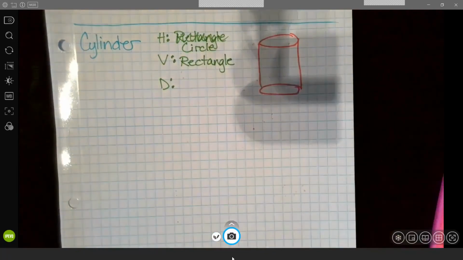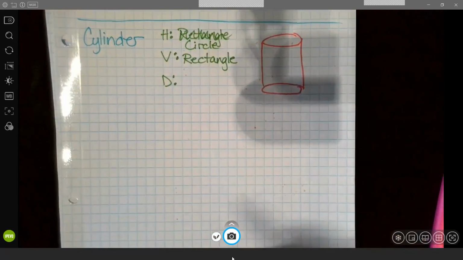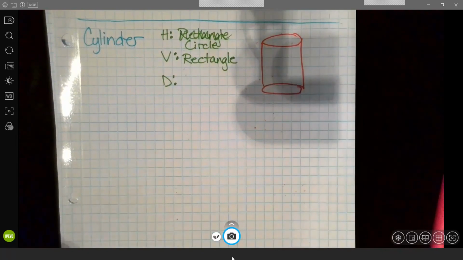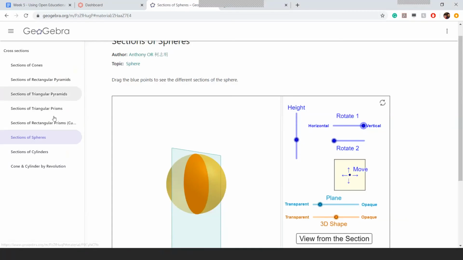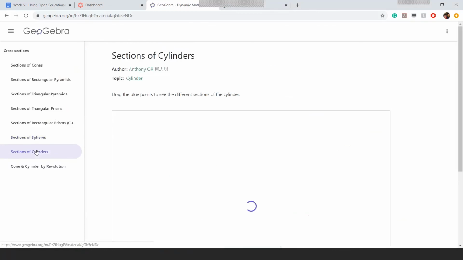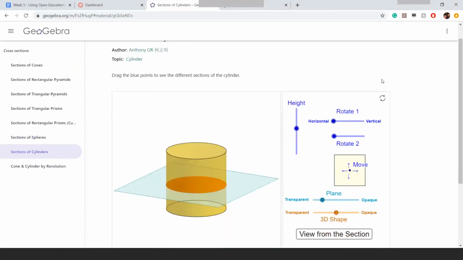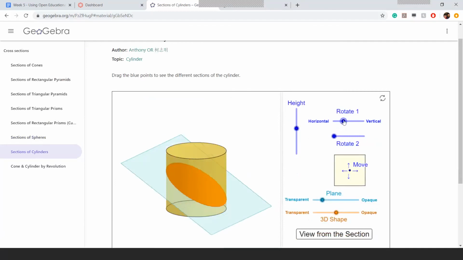and your diagonal. If I were to cut diagonally through this, you would get somewhat of an odd shape. Let me show you what that would be. So in a cylinder, when you cut diagonally, it maintains itself as a circle until the very top.